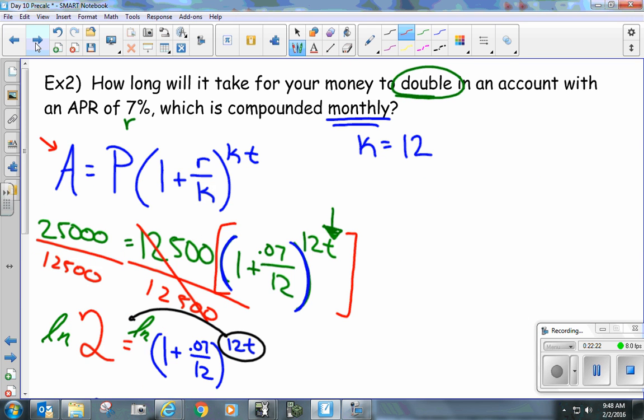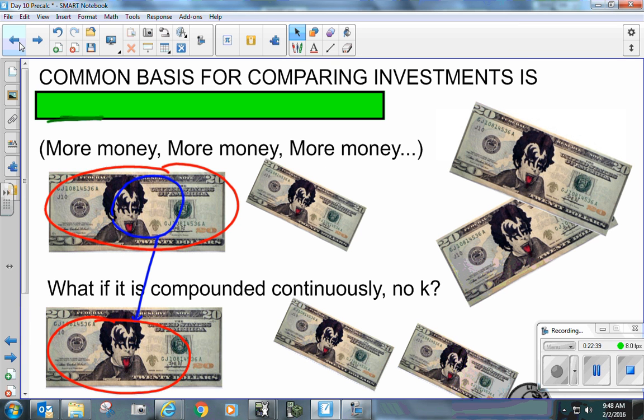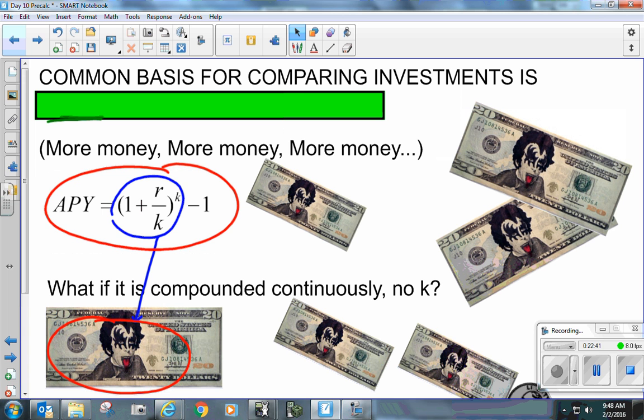You just want to figure out the yield for each one of these bank accounts. Which means pays this. This is your rates. Compounded quarterly. Your K would be what? It's quarterly. 4. So if I want to find the yield, I'm just using this one. I'm just plugging that in and hitting enter. That'll give me what percent that yields.